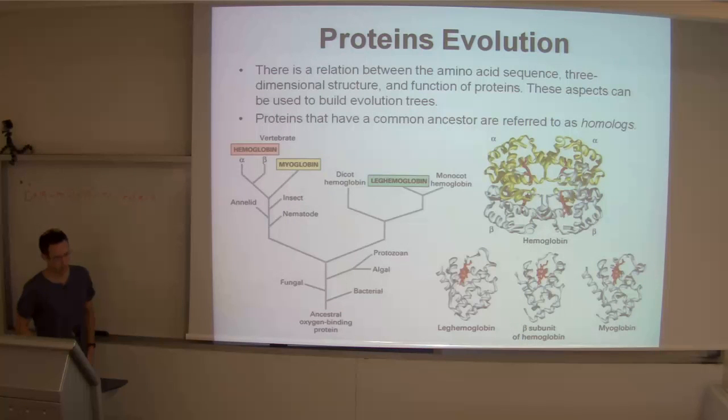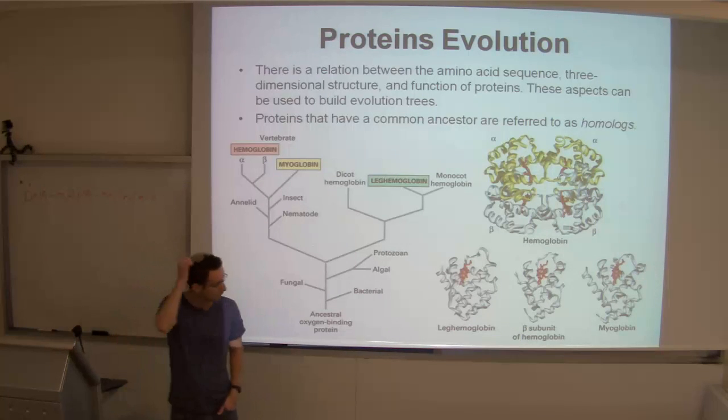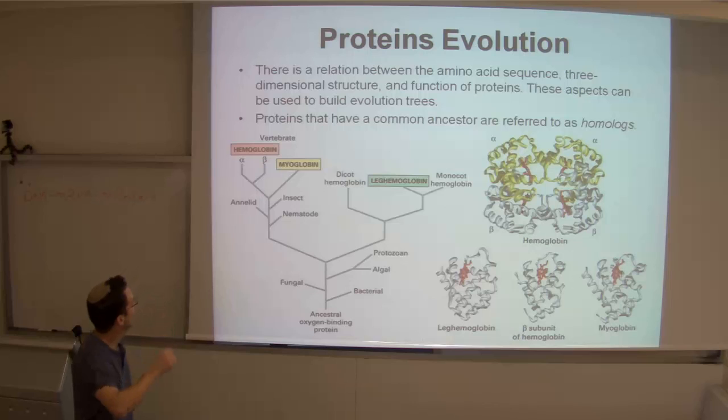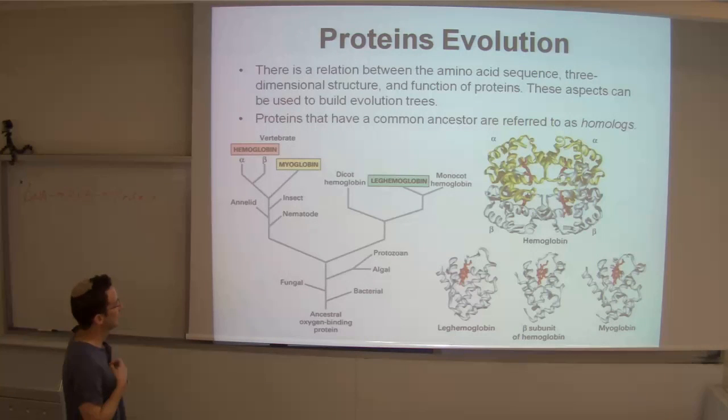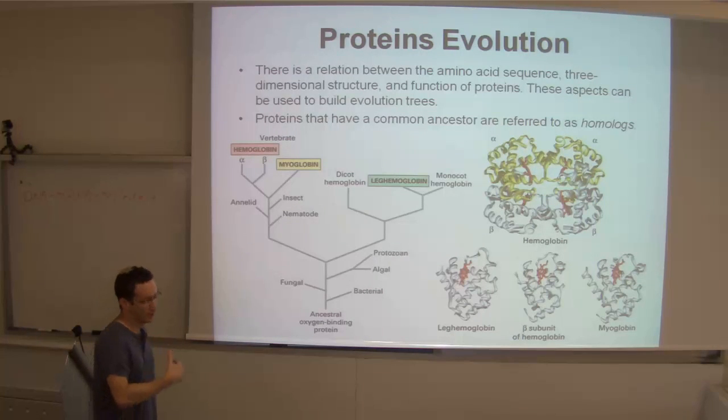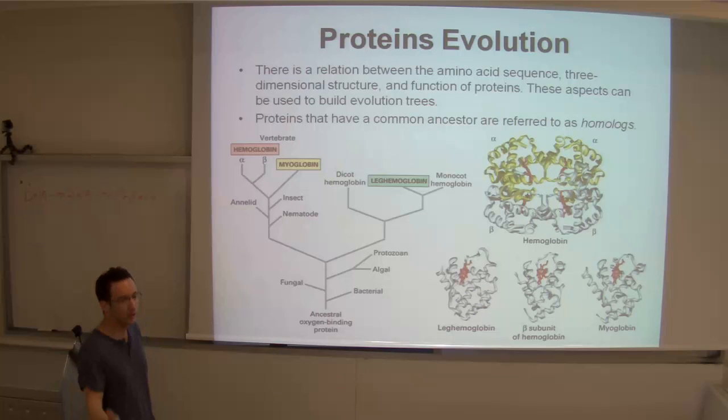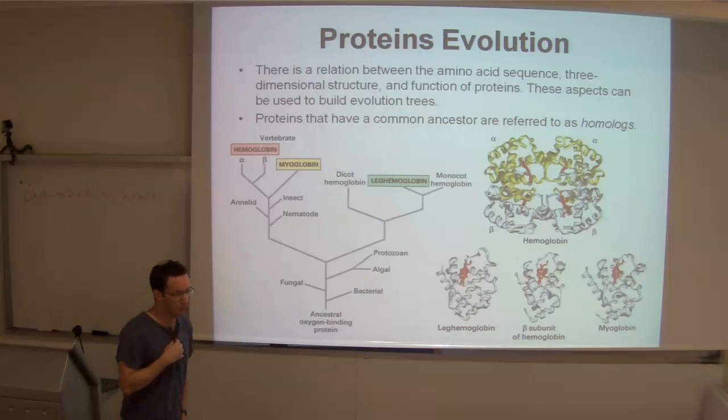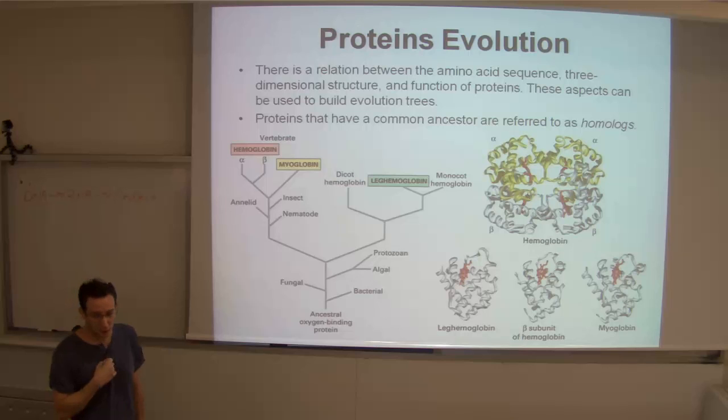Okay, a word about protein evolution, just a word. As we said at the beginning, there is a relation between the amino acid sequence and the spatial organization of the structure. Now we can calculate similarity between sequences, and we can also calculate similarity between the spatial organization of proteins.